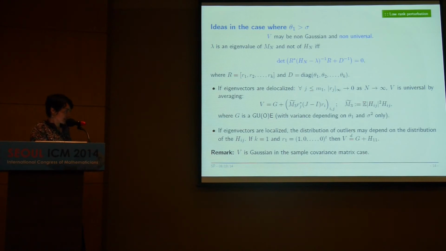This is indeed the case because V will be the sum of a Gaussian matrix and a deterministic matrix, which essentially depends on some kind of third moment of the entries.